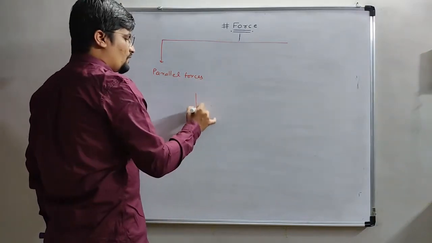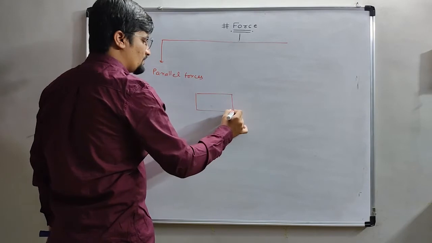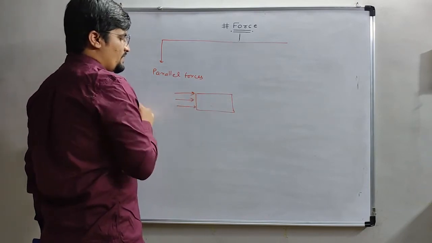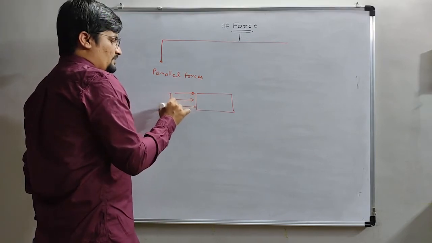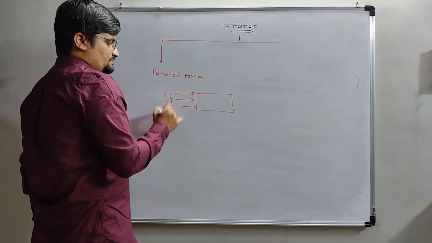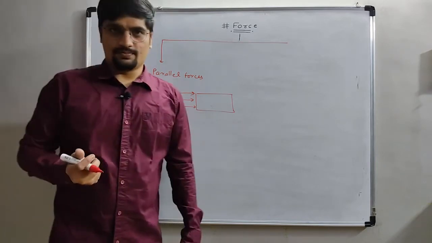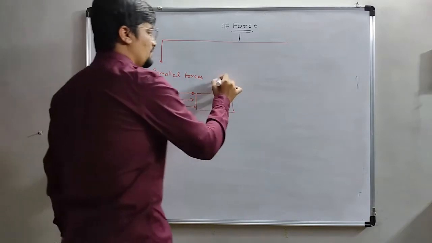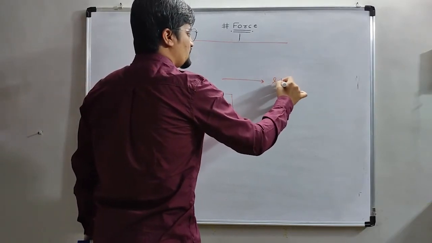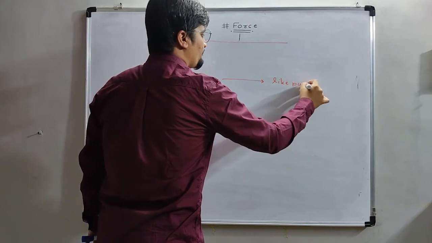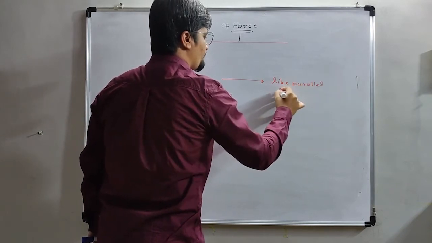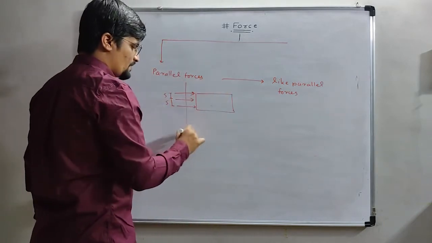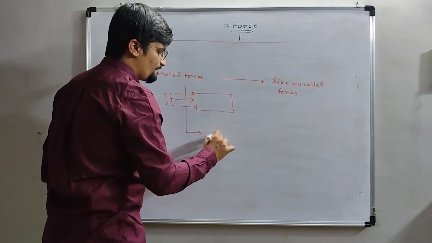If the forces occur on this body, it's like this. The spacing between these two is the same. Then they are parallel forces. In parallel forces, there are two more types, like parallel forces and unlike parallel forces.